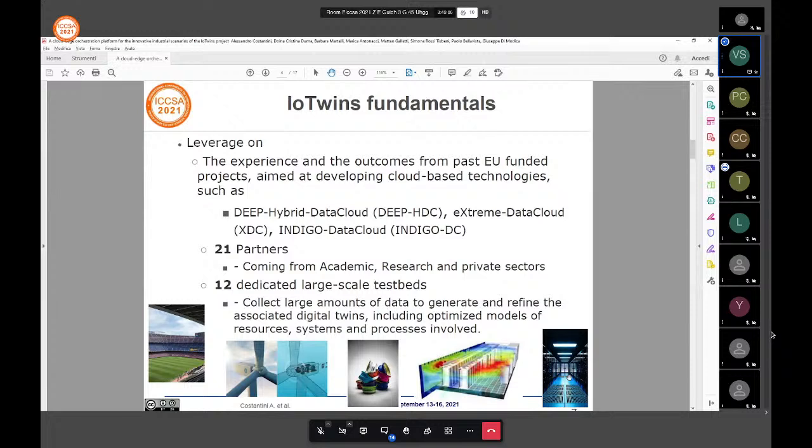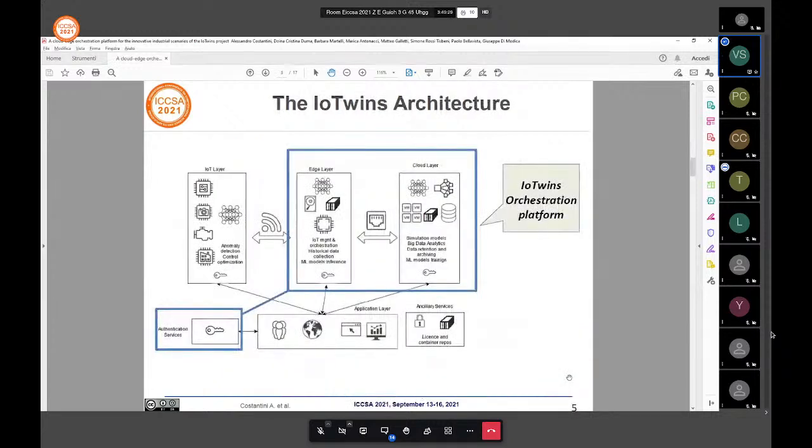And last but not least, 12 dedicated large-scale testbeds, ranging from twin models for aeolian rotors to the cooling effect in a data center, and also the evacuation plan of a stadium, because Barcelona is one of the partners of this project, for example.